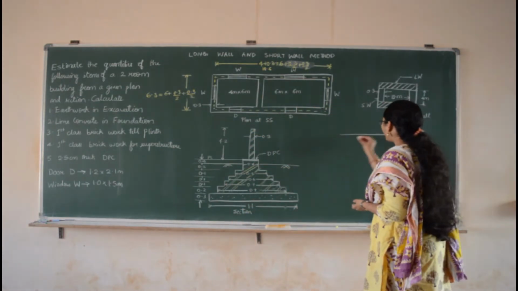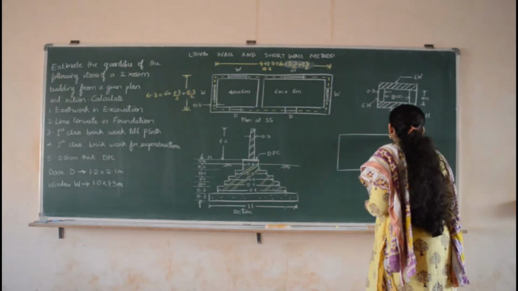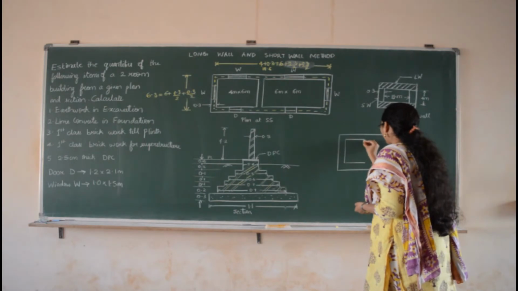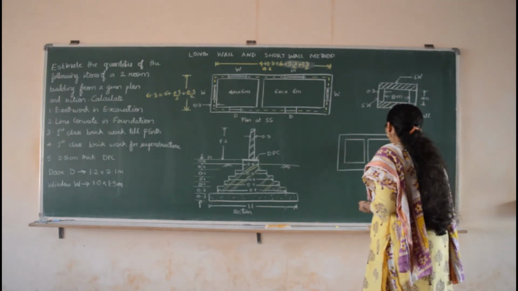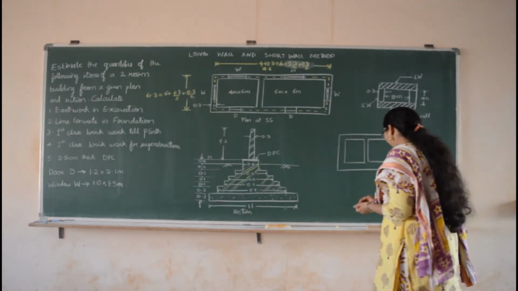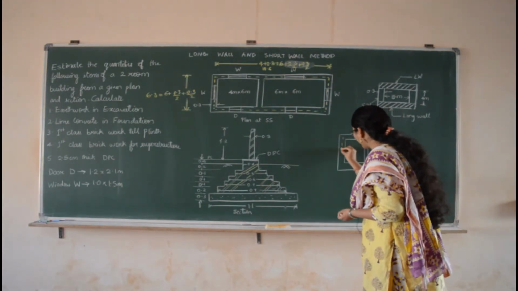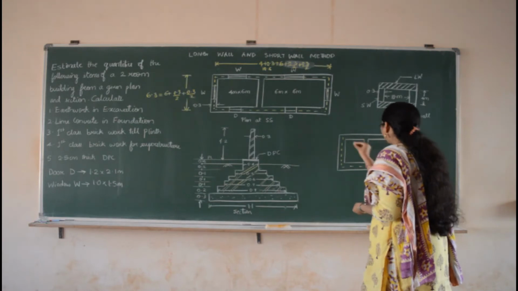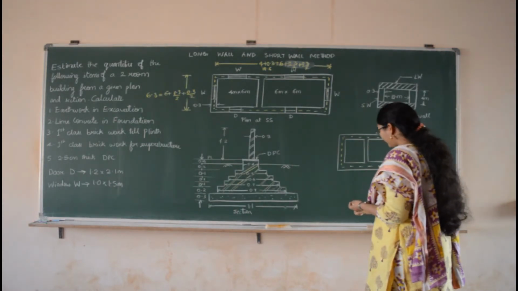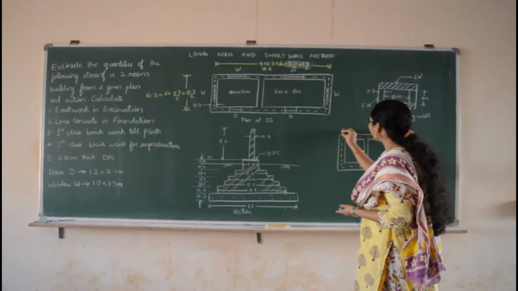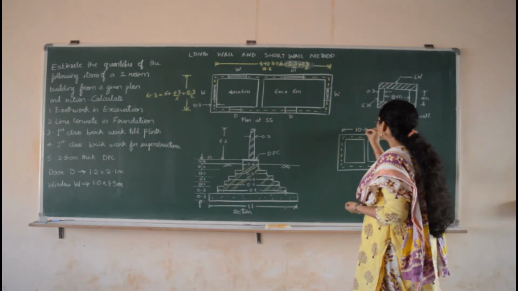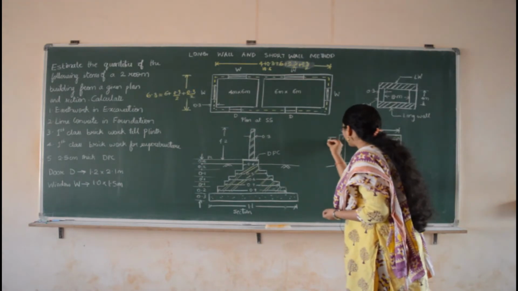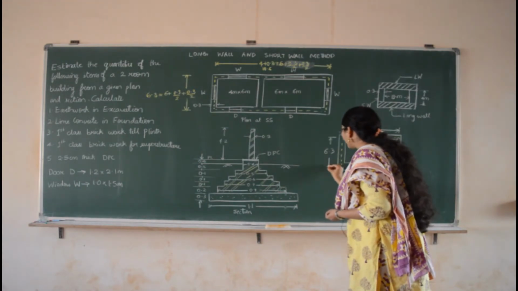The plan, if I draw it like this, so this center to center distance is 10.6 and this particular distance will be 6.3 meters.